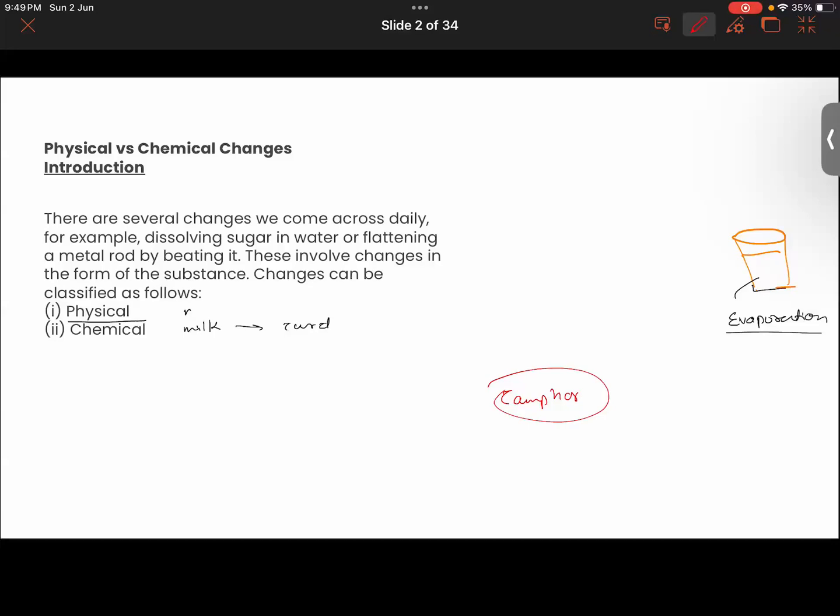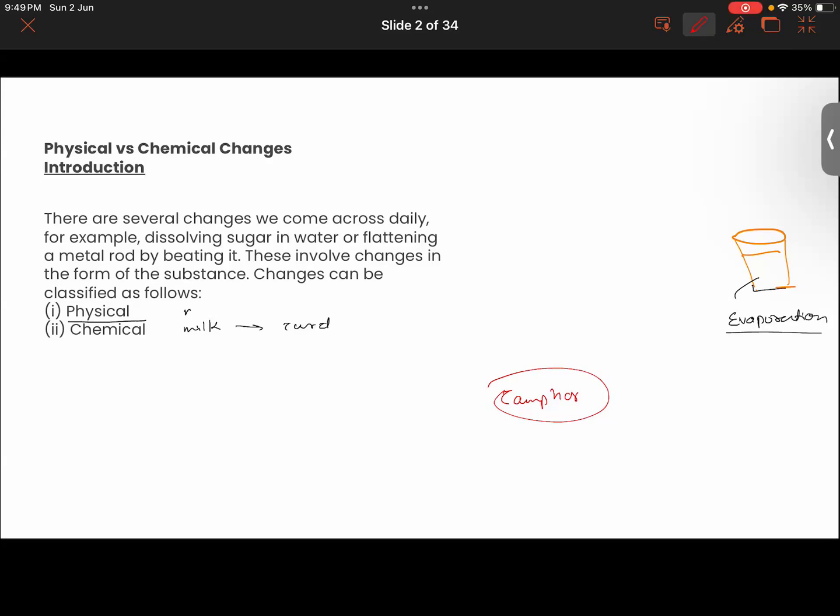Basically, camphor is a chemical that is made from the wood of a tree, and it has a very distinct kind of smell. It is used in medicine also.